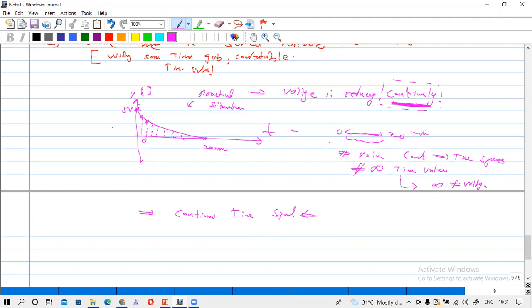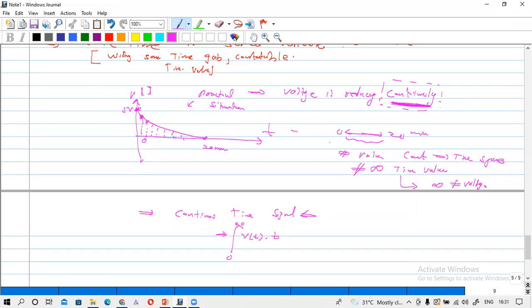Now, if you want to add these voltage values up to this point, you can't simply do it this way. You have to integrate the voltage value, which is changing according to time, with respect to time from 0 to 20 minutes. That is how you can sum all these values.